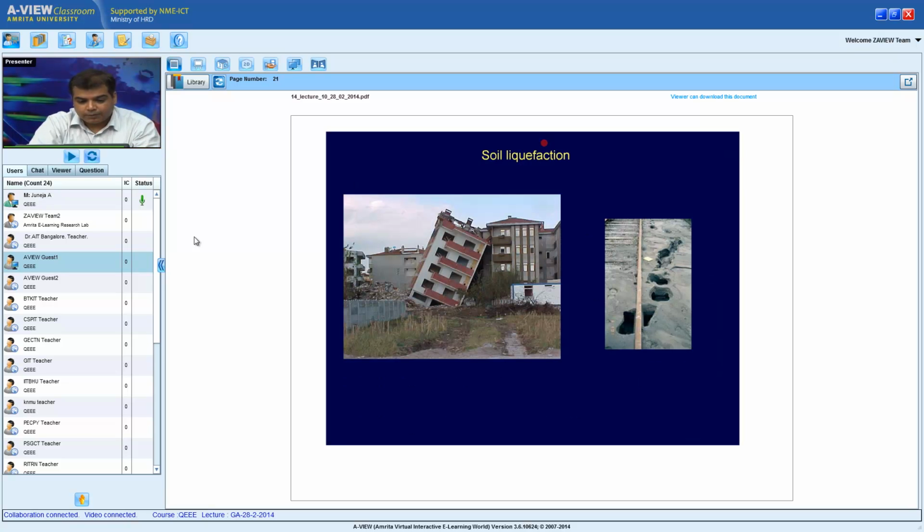The next one is soil liquefaction. This is again a case where the effective stress becomes 0. What happens when your ground starts to shake under an earthquake or any seismic activity? When the ground starts to shake, the shaking is so fast that the water does not have time to drain.